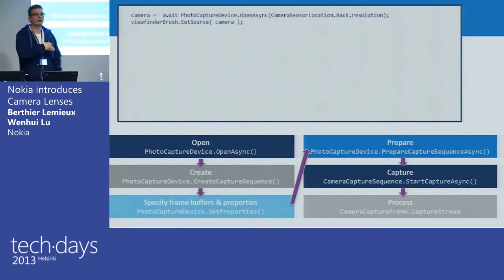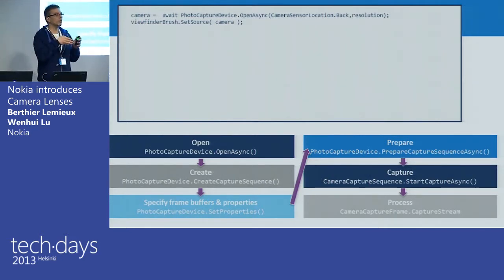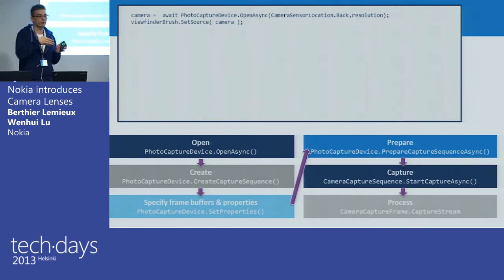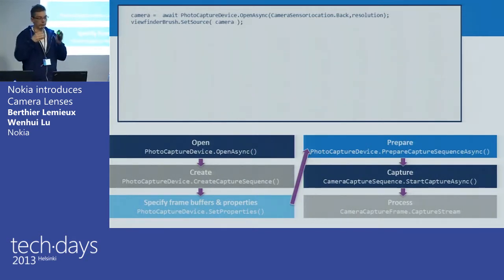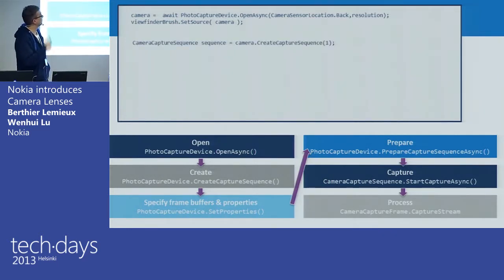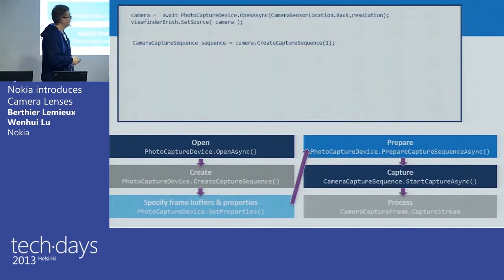The reason behind the sequence is that the API was created so that you can capture several images in a row as fast as possible. And you might want to change the parameters of the capture between each of the frames. So you might want to have a low exposure frame first and then a highly exposed frame, get them as fast as possible, and let the user do something with these two frames. Perhaps he prefers the first one or the second one. So that's why the API is so much based on the sequence. So you need to create a sequence first.